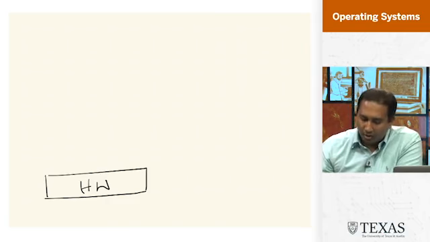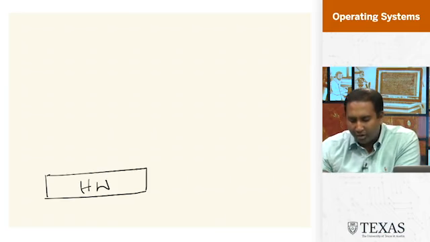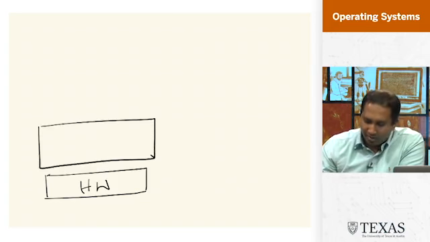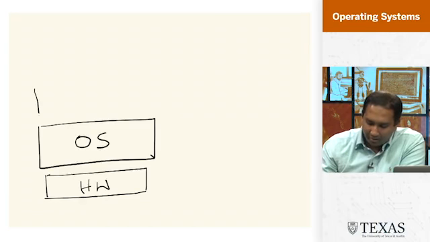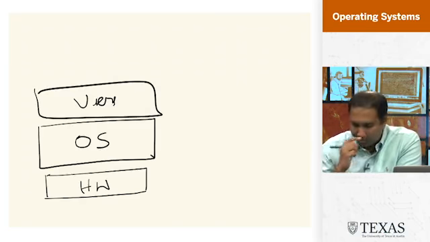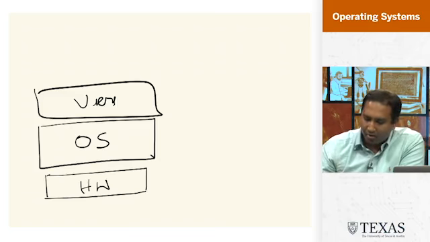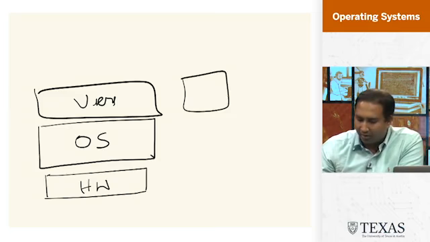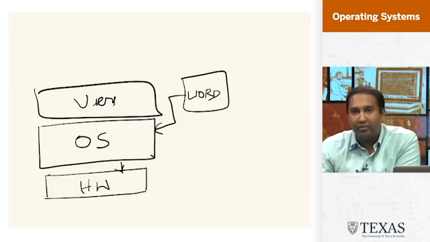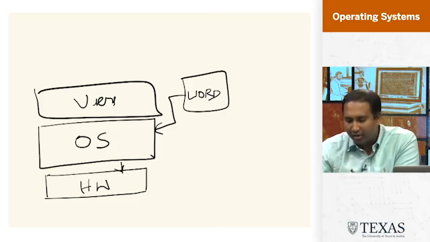Now a very broad way of looking at an operating system is that it is the thing that sits between the hardware and the users and allows them to run applications. For example, let's say you want to run Word. The way it happens is it goes to the operating system, and the operating system then interacts with the hardware and runs that application for you. So the operating system is sort of like the mediator in this world.